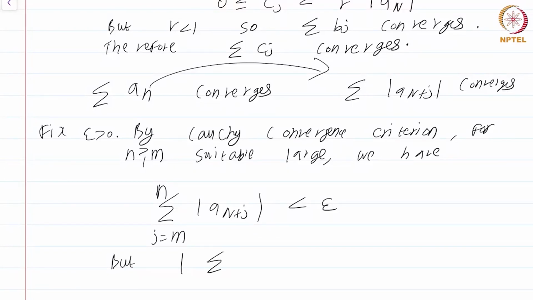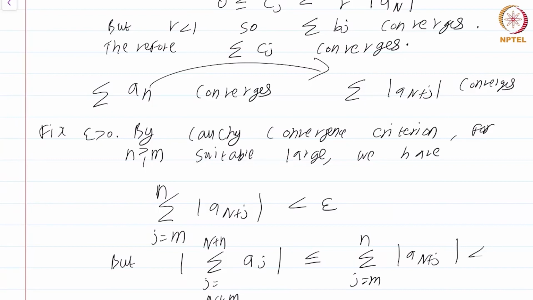modulus of summation aj, j running from m to n, is less than or equal to, not j running from m to n, j running from n plus m to n plus n, is simply less than or equal to summation j equals m to n mod a n plus j, which is in turn less than epsilon.